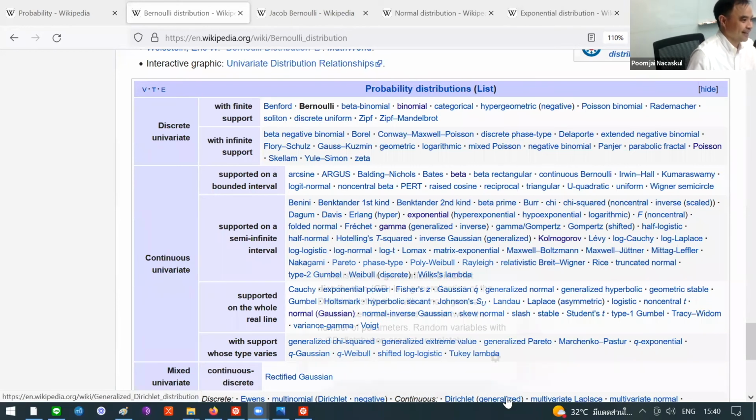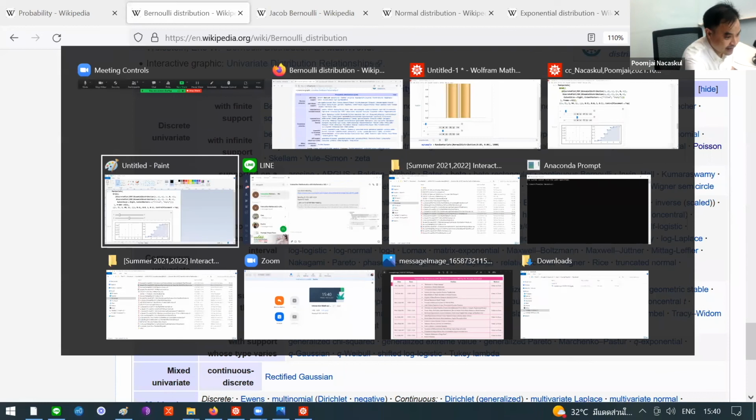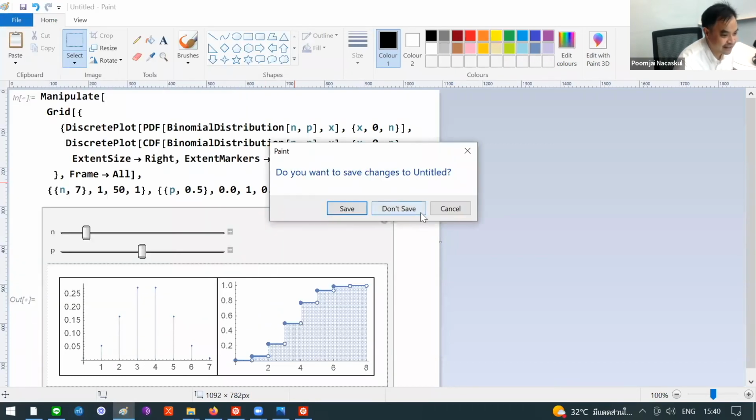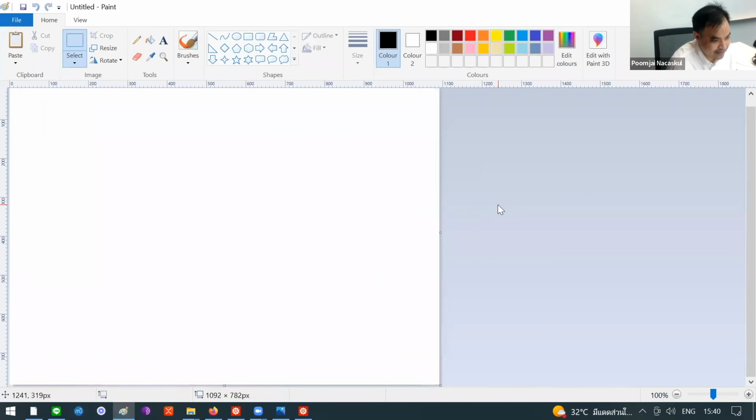Now, the key idea is how is this group organized? How is this group organized?